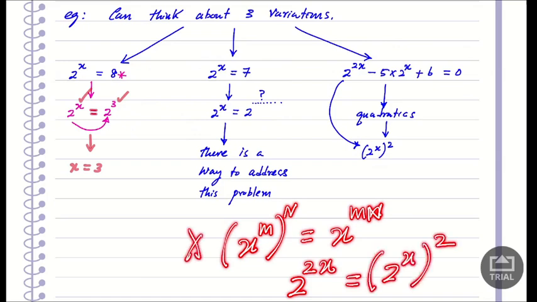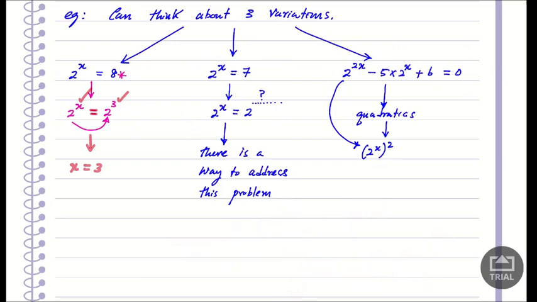So this rule is used, okay? It should come nonchalantly now. So minus 5 times 2 to the power x plus 6 is equal to 0. Easy. Now from here onwards, the game is easy. You do a substitution, like let k is equal to 2 to the power x, and then you can go from there, right? That part I will teach you later.